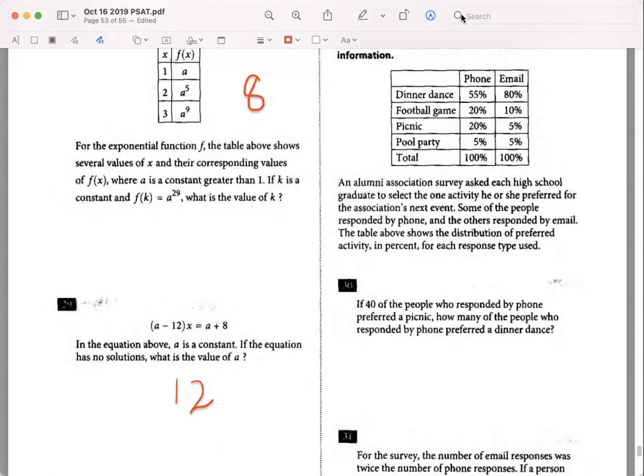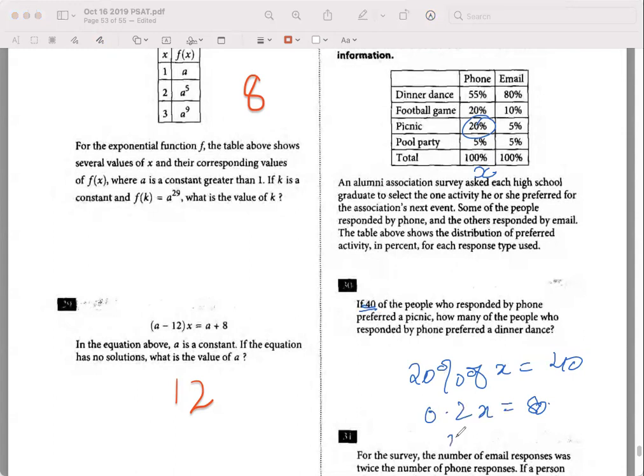So we know that of those who responded by phone, 20% preferred a picnic. So let's say people who responded by phone is X, so 20% of X is 40 because 40 people preferred a picnic. So 0.2X is 40. So X is 40 by 0.2, which is 200.